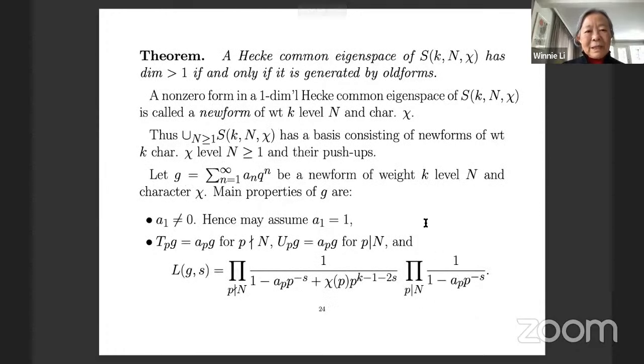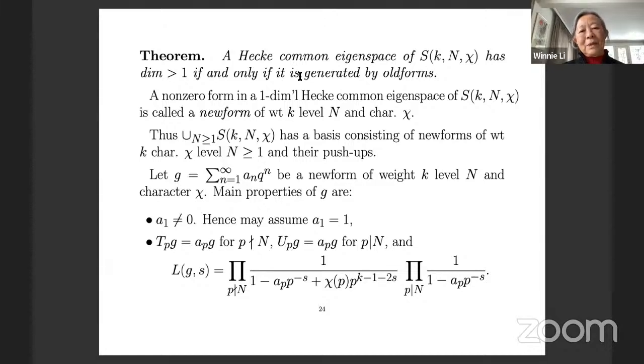And a very key theorem in the theory of newforms is that when we decompose this S_k(N, χ) into the direct sum of common eigenspaces of Hecke operators, then those with dimension greater than 1 are exactly the ones where the space is generated by old forms.